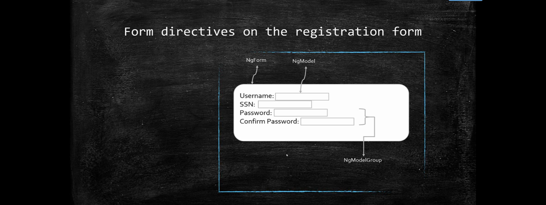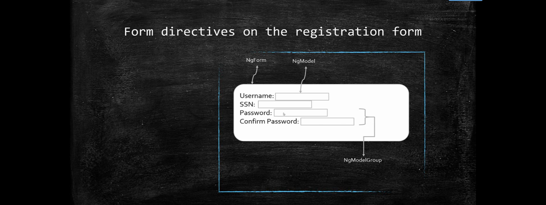But like I mentioned here, the ngForm is basically the border of all of these elements in the template. The ngModel, we have to put on every single one of these input values, the username, social security number, password, and the confirm password, to get access to those. If we don't put it in there, it's not going to show up.